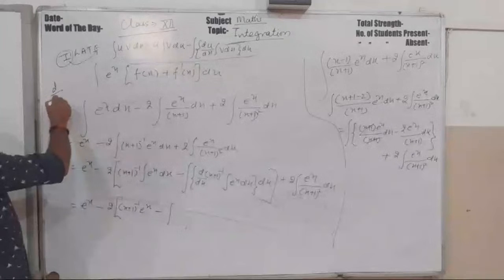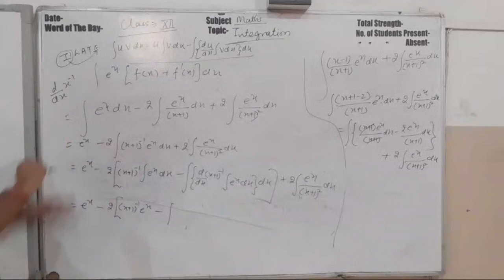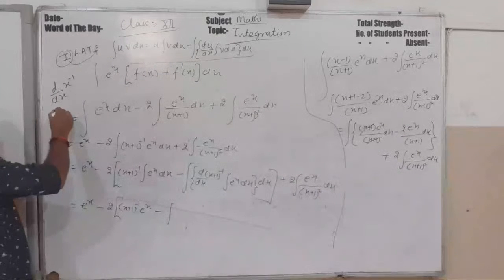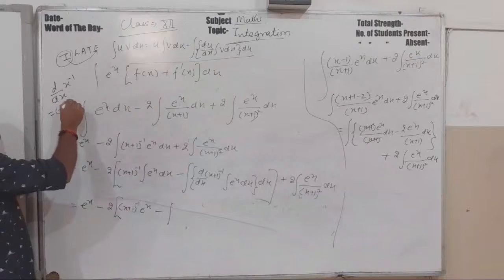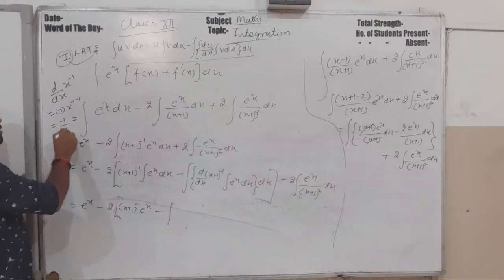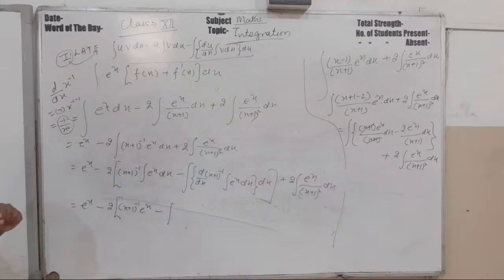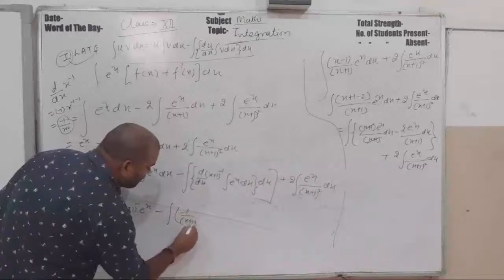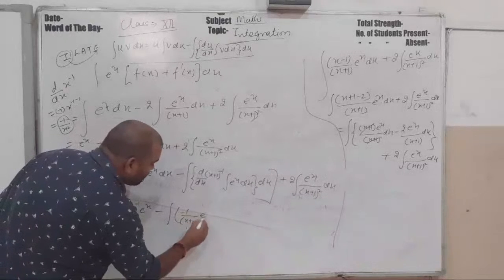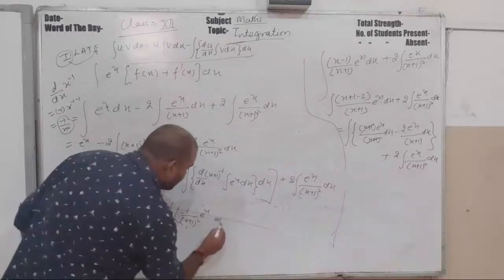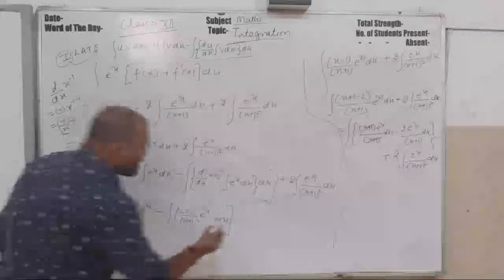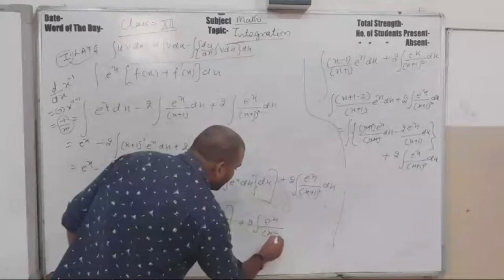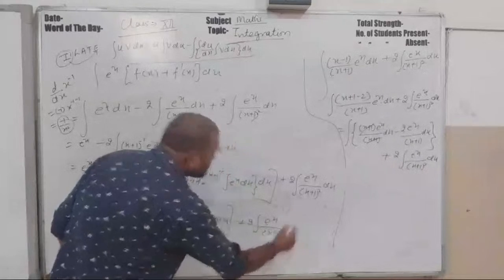You know, d by dx of x to the power minus 1. What will be this? This becomes minus 1 times x to the power minus 1 minus 1, that is minus 1 by x square. Clear? So in this way this becomes minus 1 by square of (x plus 1) into e to the power x dx. Okay, and plus 2 times the integral of e to the power x upon square of x plus 1 dx.